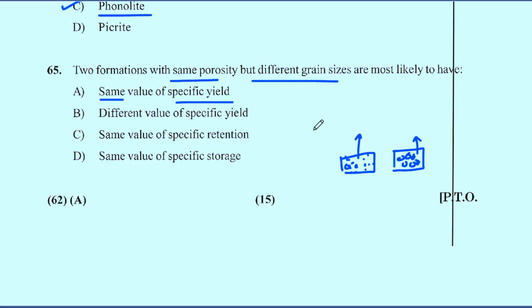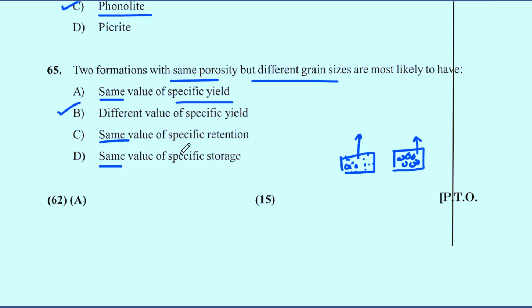Specific yield is the water we get while taking water out, while water remains within the pore spaces. So specific yield is also different in both cases.